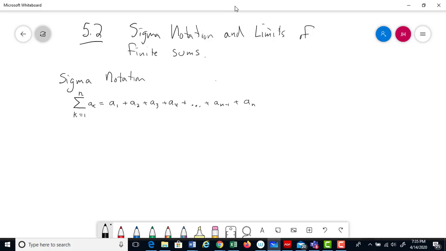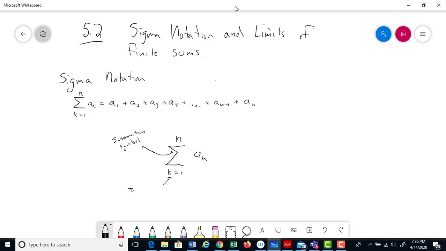So when we're looking at these, I'm going to label all these so we know what they are. This symbol right here, this sigma notation, is a summation symbol. This k is the index.